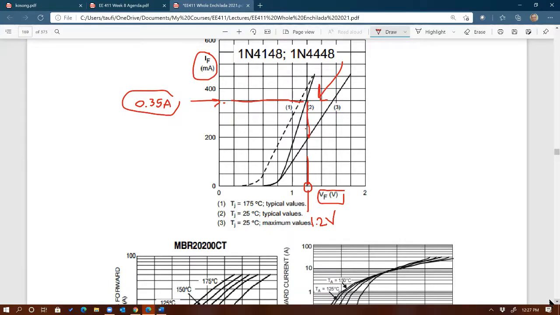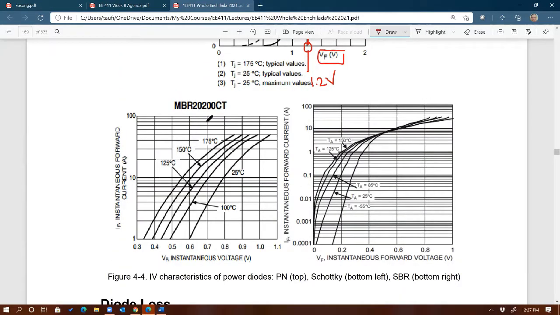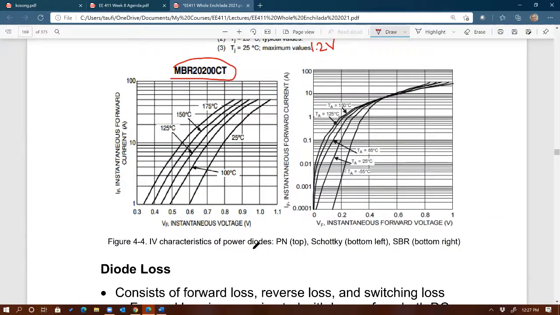Relatively speaking, of course. Then compare that, for example, with this diode. What is this? This must be Schottky. I'm looking at the part number. This one has no part number, so I don't know what that is. Oh, right here. Schottky on the left, and SBR on the right.